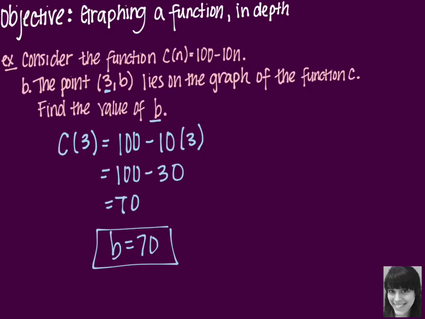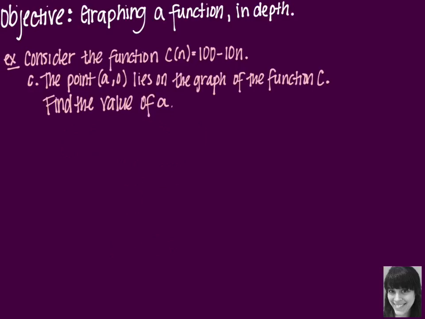Moving on to c. The point a, 0 lies on the graph of the function c. Find the value of a. So a is the input, 0 is the output. We're saying that c of a gives us 0. What I want to find out is what my input has to be in order for the output to be 0.